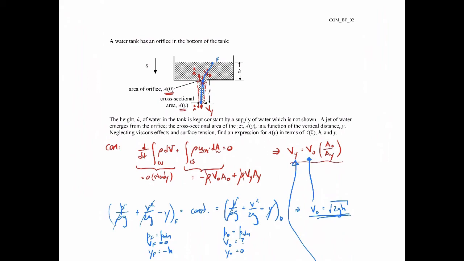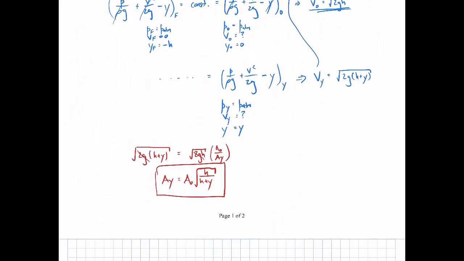And as long as the container is wide enough here, even though this height will be changing with time, it'll change very, very slowly. So you can still make the assumption that it's a steady flow. It'll still be close enough to be a reasonable assumption. But take the picture right away, and then you can go ahead and compare your result to what we predict here and see how that turns out.